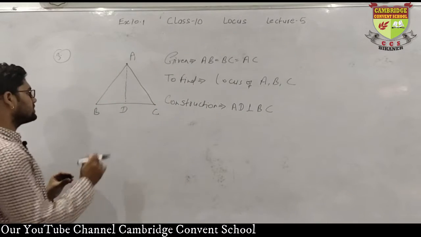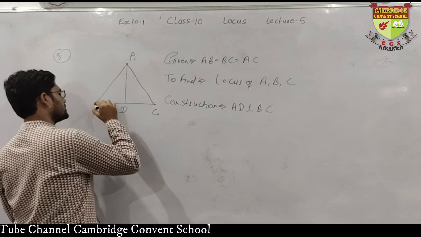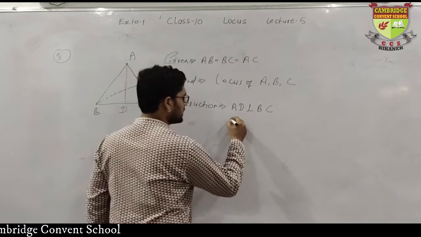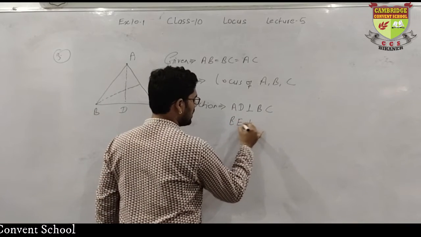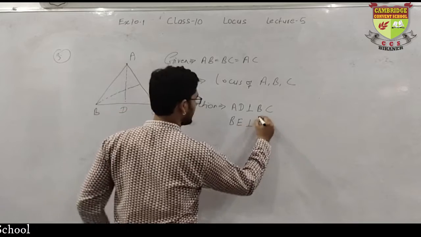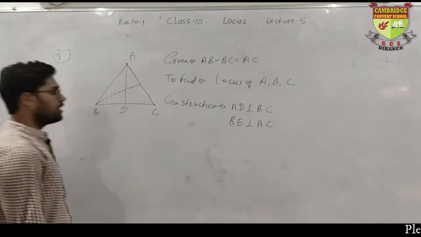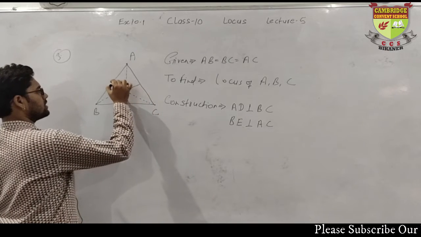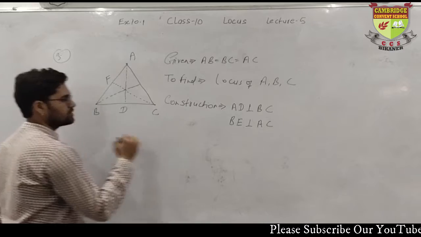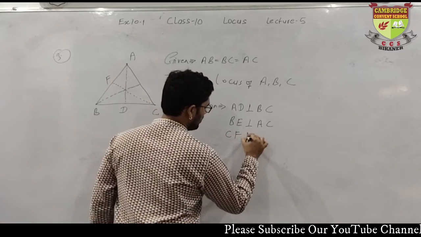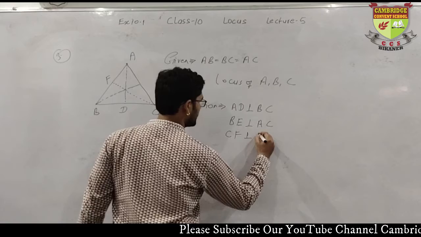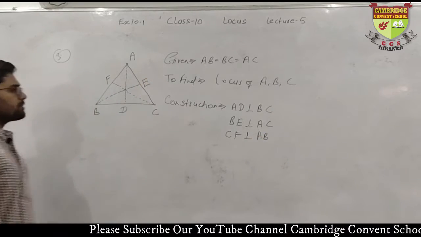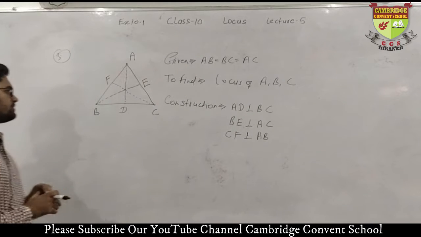Now after this, another perpendicular BE, a perpendicular on side AC. Another, a perpendicular CF on side AB. So 3 perpendiculars I have plotted here.